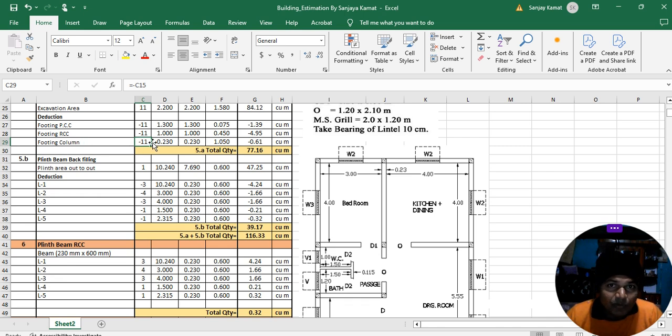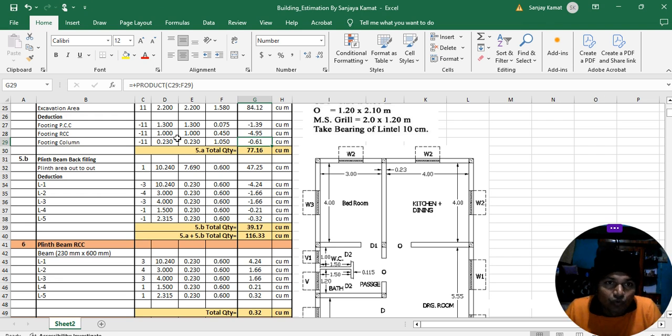For the footing column, what we will do here is -11 into 0.230 into 0.230 meter into 1.050 meter. Now multiply this. Since this number is negative, our result will also be negative: minus 0.61 cubic meter.